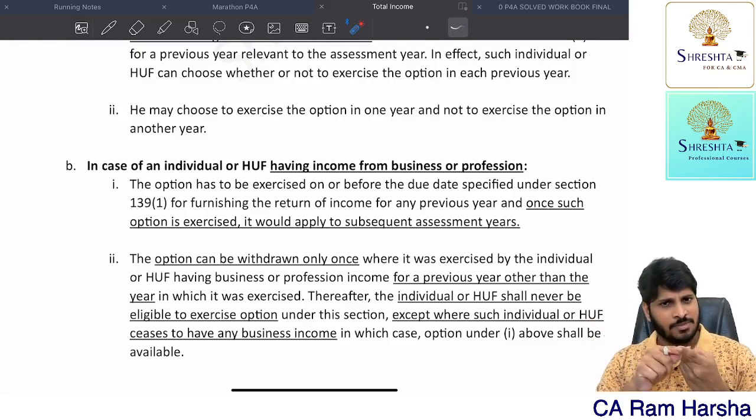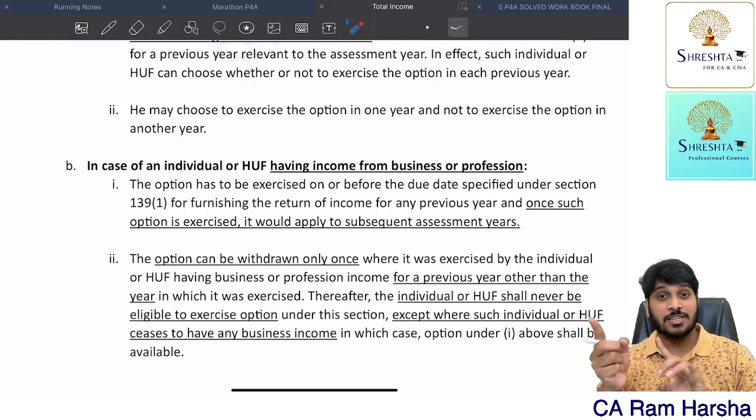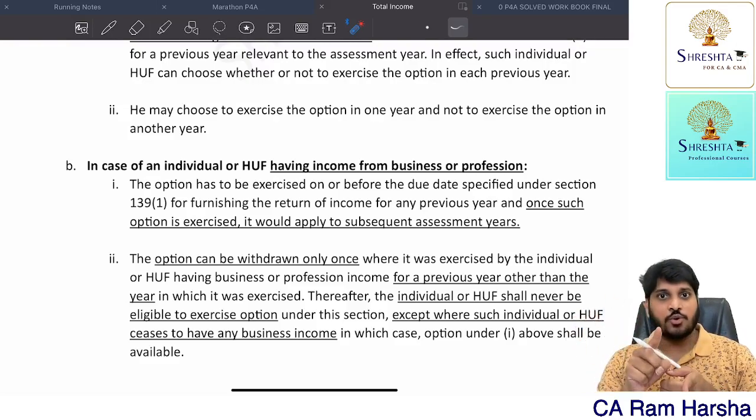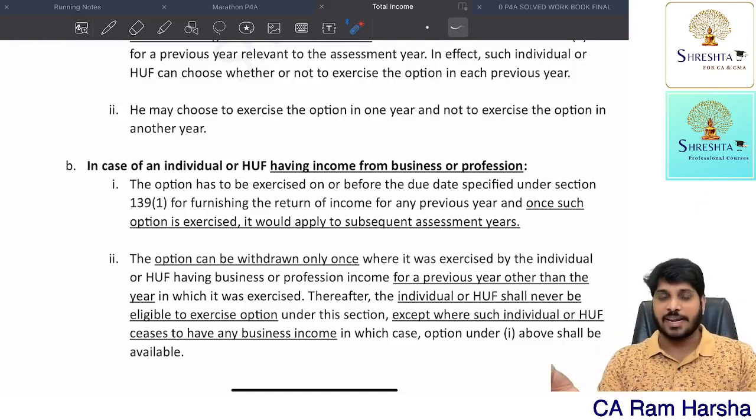Under PGBP, add back 35AD, contribution to Scientific Research Association under 35, and additional depreciation. Under capital gains, nothing. Under other sources, add back the family pension related deduction. Add back the 10AA benefit. For Chapter 6A, add back all the deductions you claimed to the total income. On the revised total income, apply the above slab rates and pay tax.